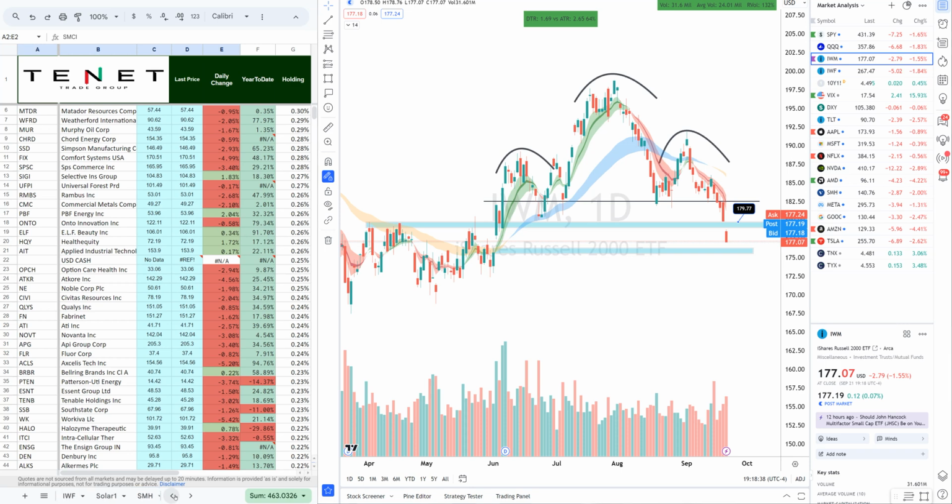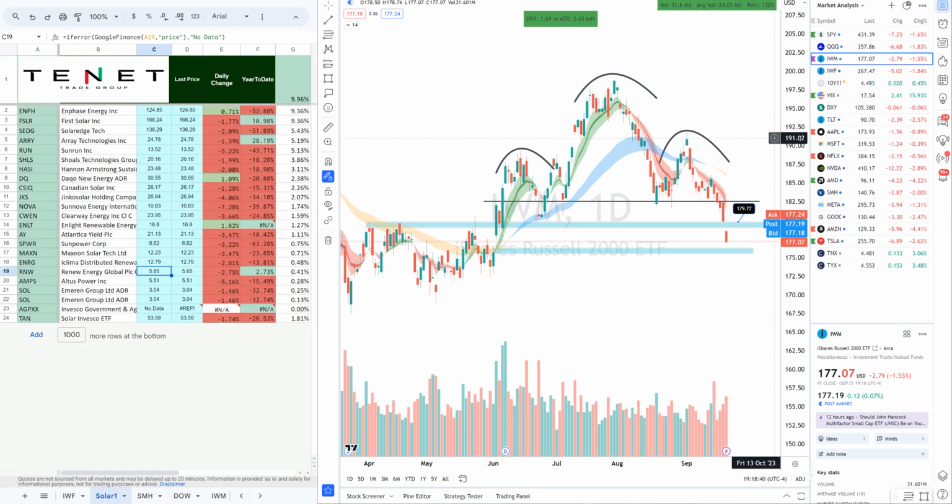I just want to quickly look at the solar names. ENPH, which we are swinging right now, is the only one green today, and CSIQ or DQ, which is green, and then there's another one. But my focus is mainly these top ones: ENPH, DQ, CSIQ. Keeping an eye on solar because I think the money will rotate into them soon.